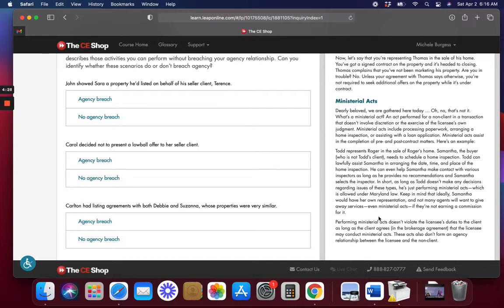Because it happens. All right, Todd doesn't make any decision regarding issues of these types, and these are just called ministerial acts. In life, this is just called being kind and courteous, because quite honestly, he's taking out his time to help this person, and he doesn't really have to, because he's probably not even going to get any money for it.